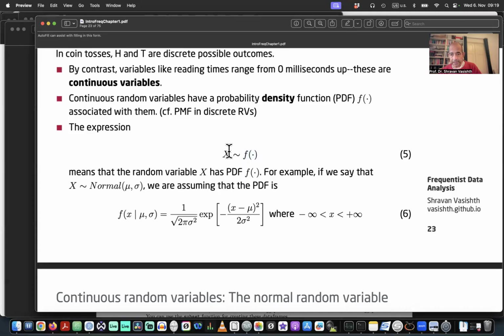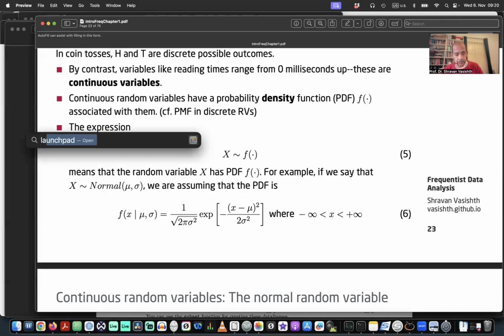So the way I'll say this, equation 5, is that x has associated with it a probability density function f, and this thing here is the symbol called tilde. In LaTeX, you can produce the tilde like this. So let me just produce some LaTeX code, right?